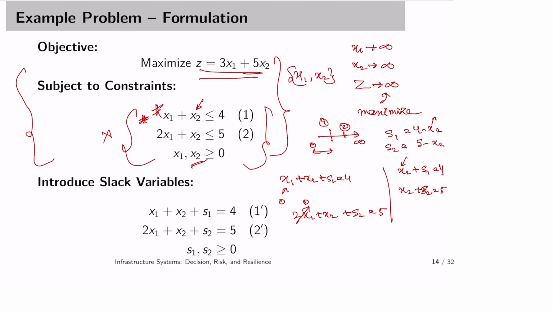If I increase x2, it will only take me 4 units to reduce s1 to 0, and it will take me 5 units to reduce s2 to 0. So s1 would be ready to leave the basic variable space first, then s2.